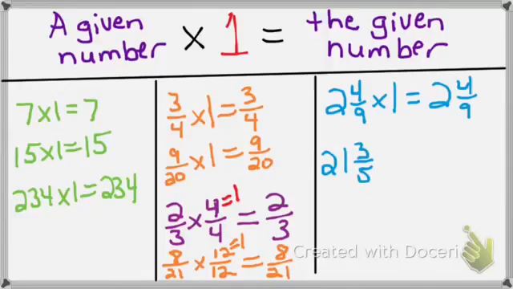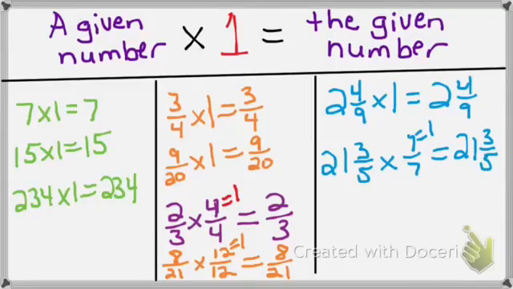What if my given number is the mixed number 21 3/5, and I multiply that by 7/7? Well, 7/7, numerator and denominator are the same, so that has to equal 1. So it's like saying 21 3/5 times 1, which we know will equal 21 3/5.